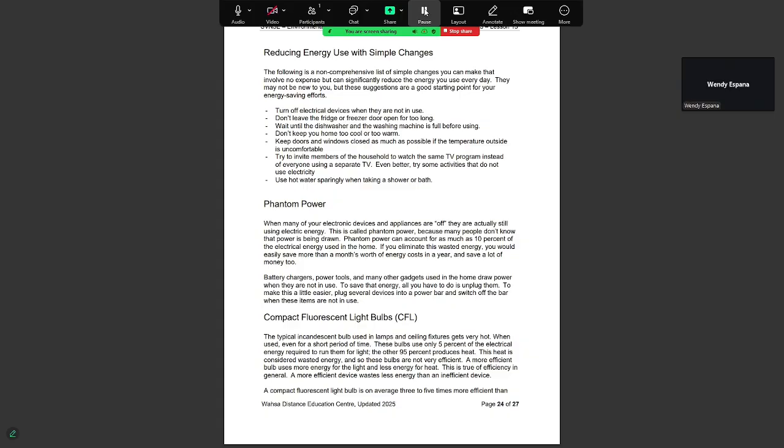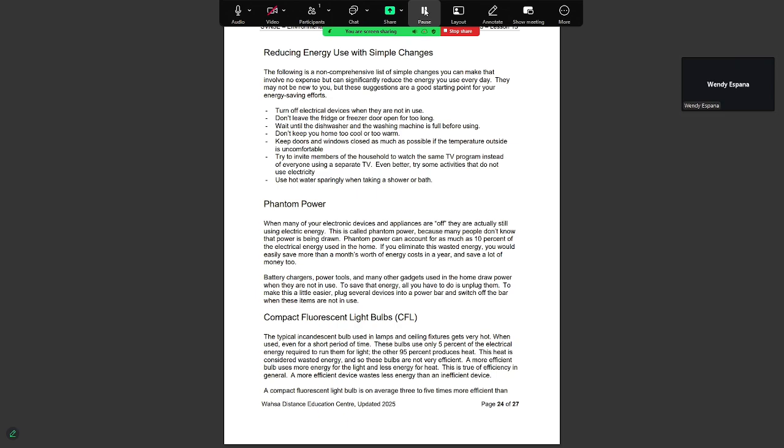If every household reduced how much energy it was using, then that means that we don't have to have as much electricity produced by dams and by fossil fuels burning, by nuclear energy. And so we don't have as much pollution being produced, etc. So that's the big part of trying to reduce it.